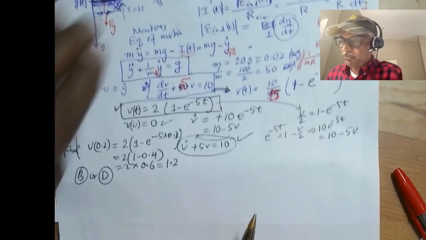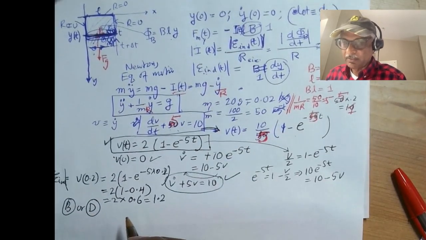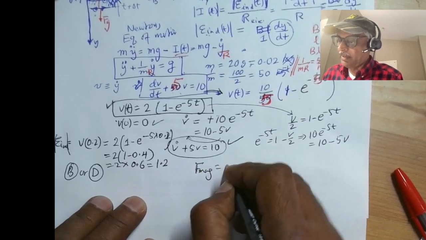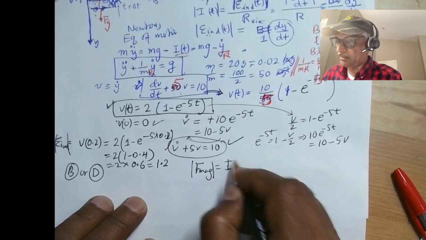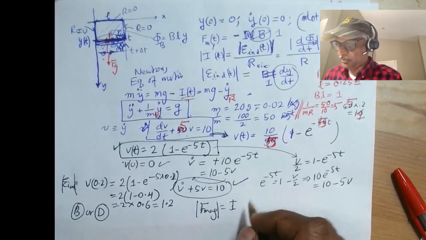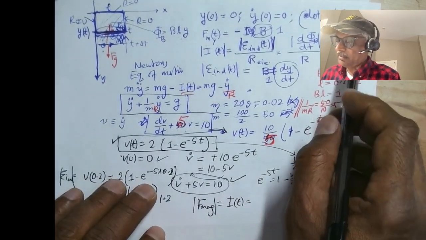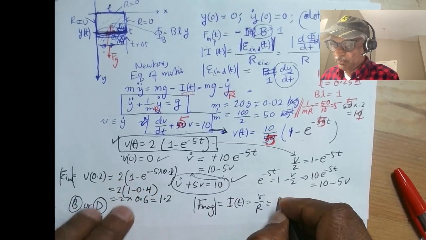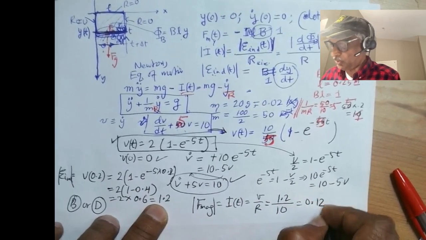The magnitude of the magnetic force will be just LB, which is 1, so it's equal to the current at that time, and the current at that time is V over R. V we already found is 1.2, R is 10, so this is 0.12.